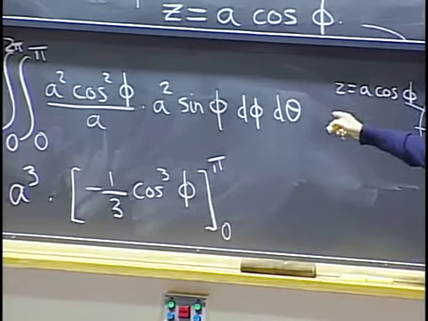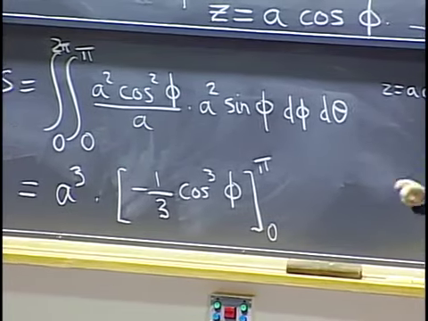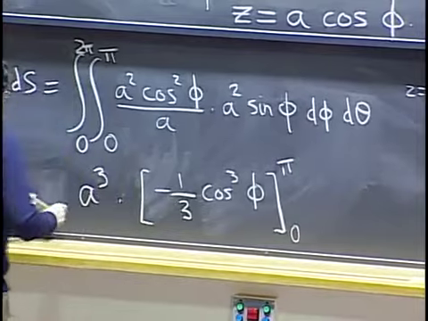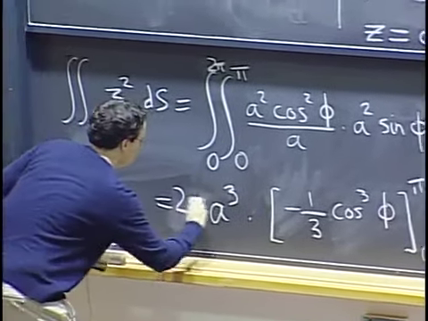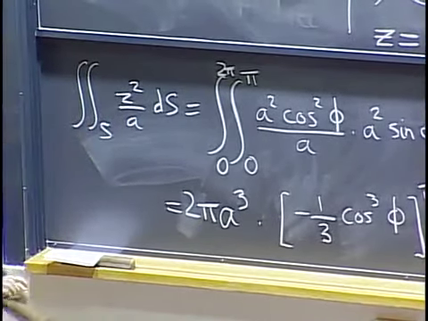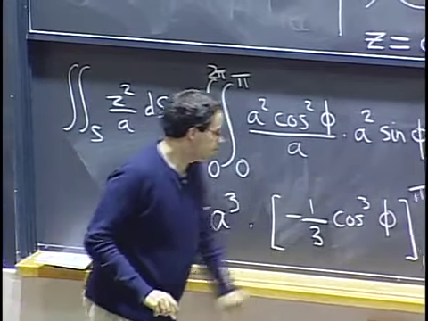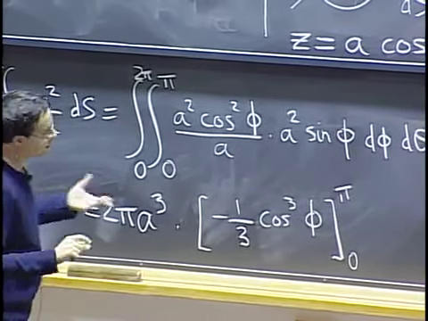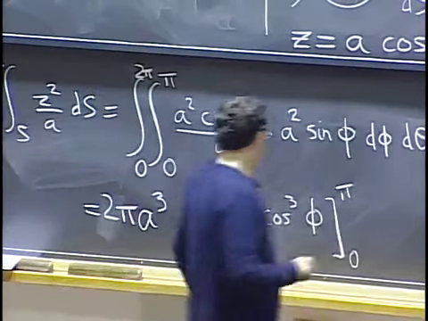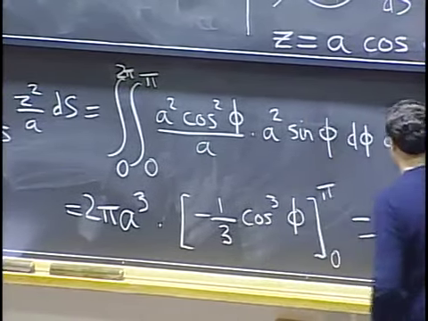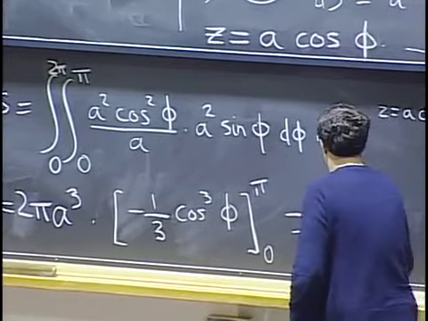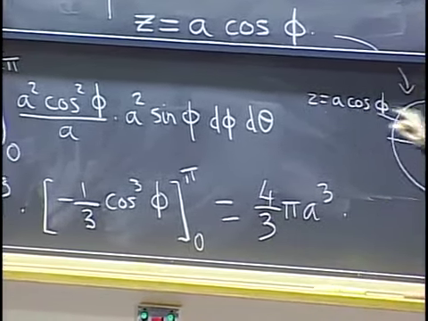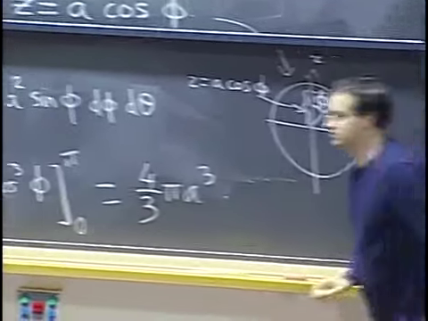And while integrating over theta, we'll just multiply things by 2 pi. So let me add a 2 pi in front. Now if I evaluate this between 0 and pi, at pi cosine cubed is negative 1, at 0 it's 1, I will get actually 2/3 out of this. So I end up with 4/3 pi a cubed. Sorry, I didn't write very much, but trying to save blackboard space.